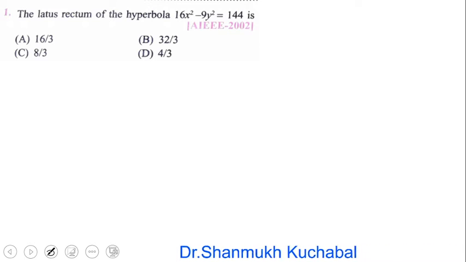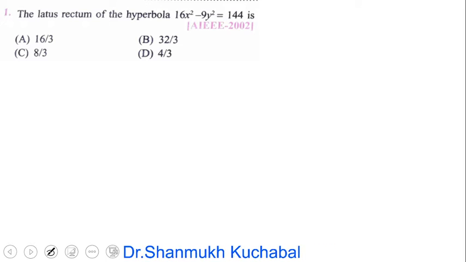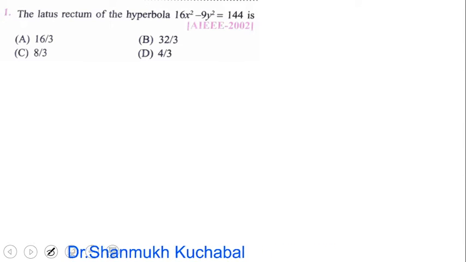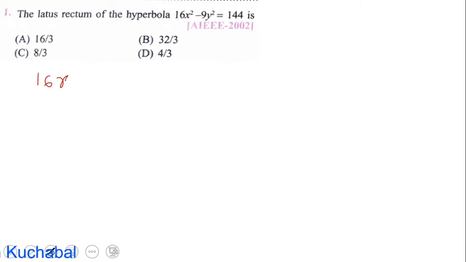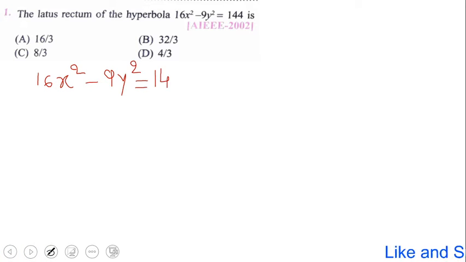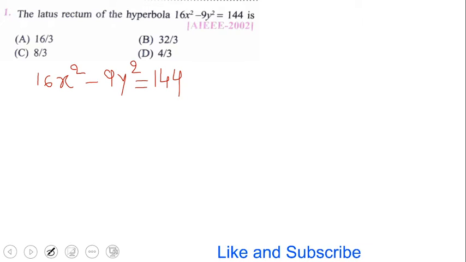Okay, so the first example is the latus rectum of the hyperbola. The equation is given: 16x² minus 9y² equal to 144. So on the RHS we have to make it 1, so throughout this equation we will divide by 144.